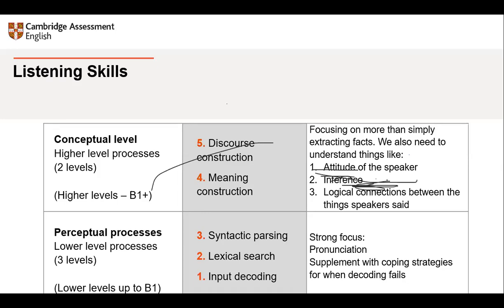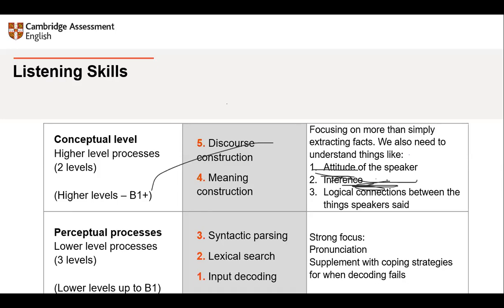And then we go to conceptual levels for higher levels. That is, we go through meaning construction. So we focus a lot on the attitude of the speakers, inference, logical connections between things the speaker said, if you are listening to more than one person, until we get to discourse construction, right?